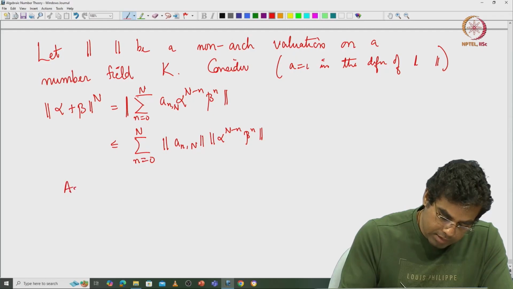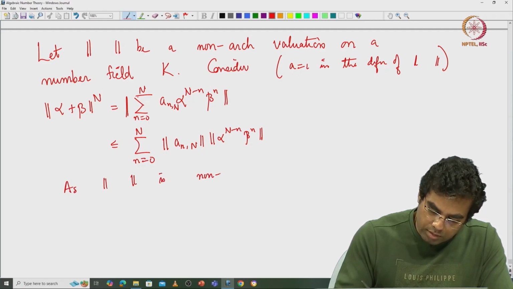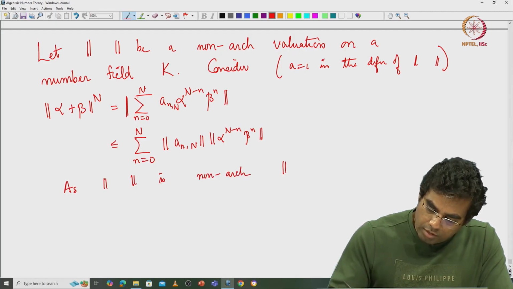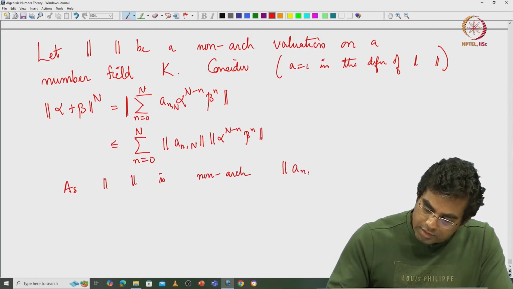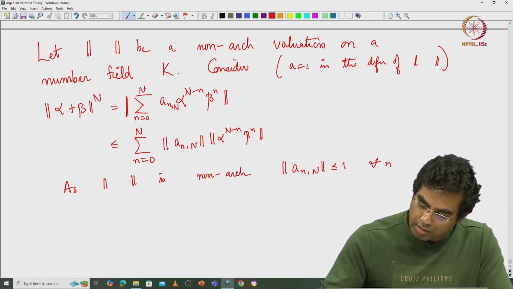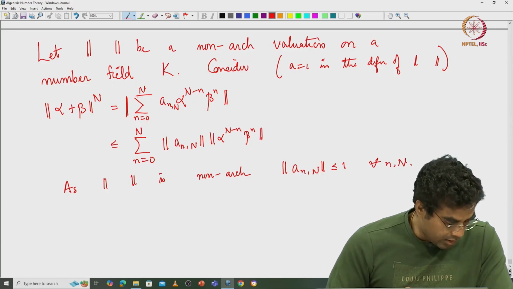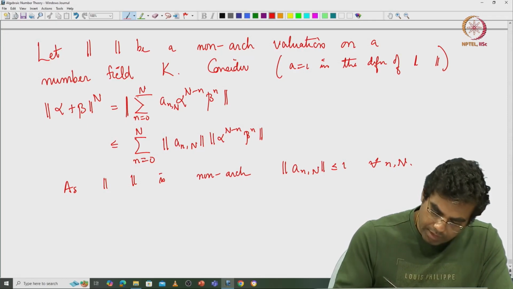Now, as this valuation is non-Archimedean, I know that valuation of these integers is less than or equal to 1 for all n and capital N.